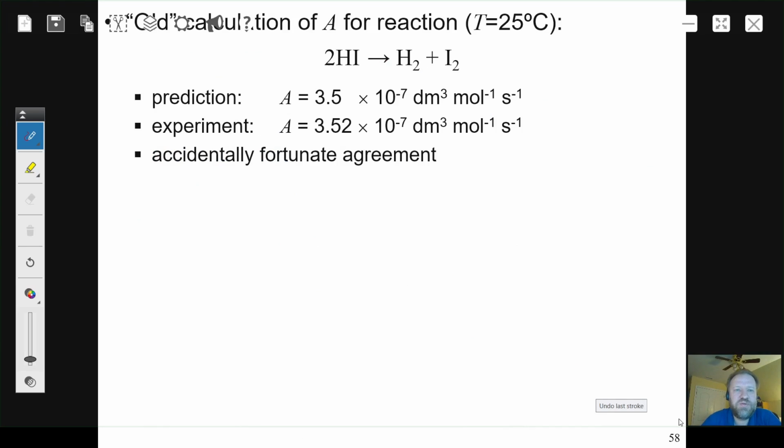Now, application of collision theory to some reactions, especially in the old days, showed it to be very promising.